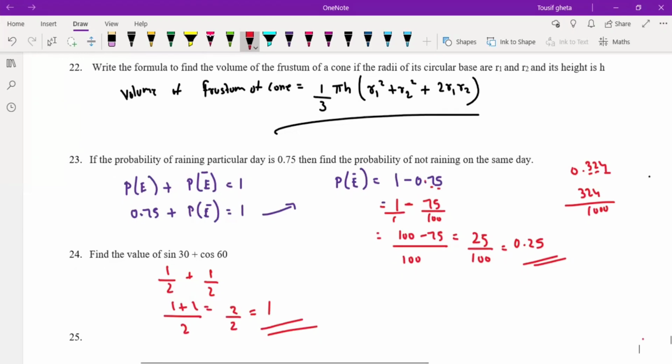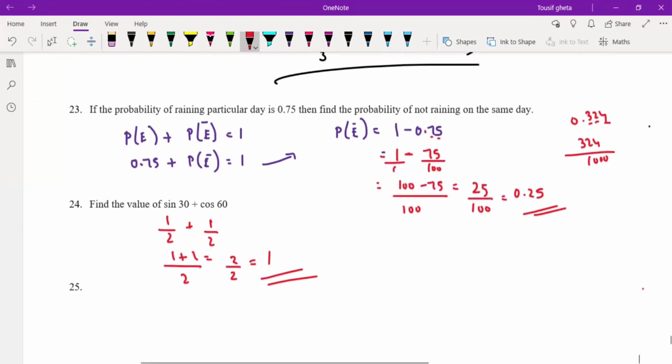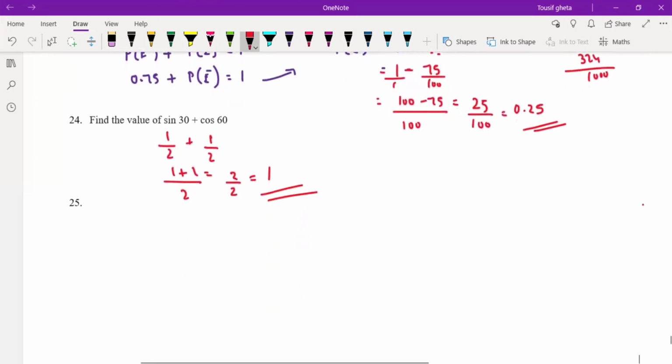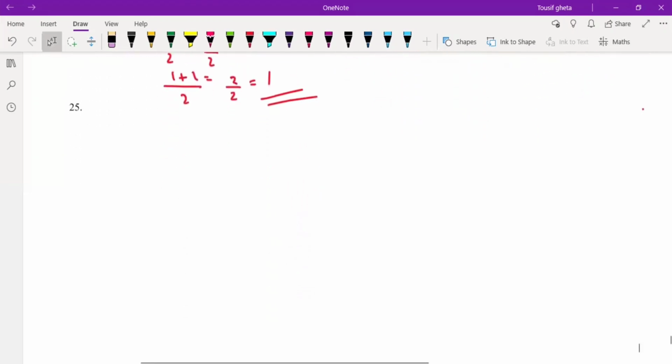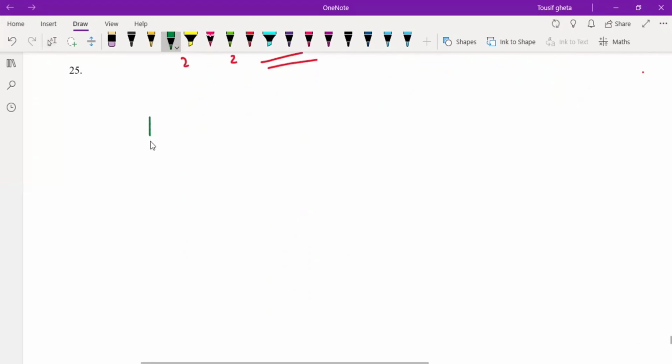The last one, a bit lengthy question. Let us try to solve it. It is also from the trigonometry chapter. So what is that question? Let's see. The question is, they give us a triangle. It is a right angle triangle. The triangle name is ABC.